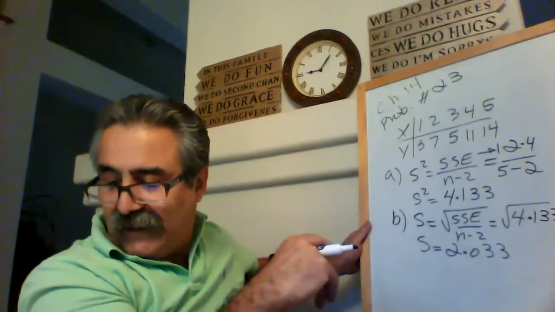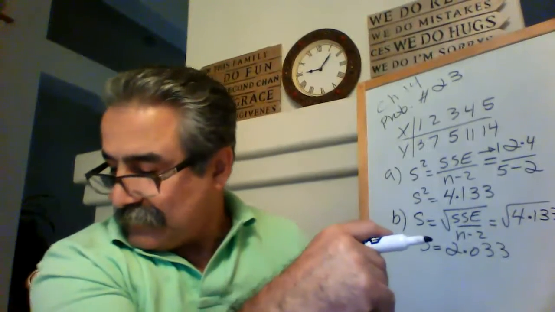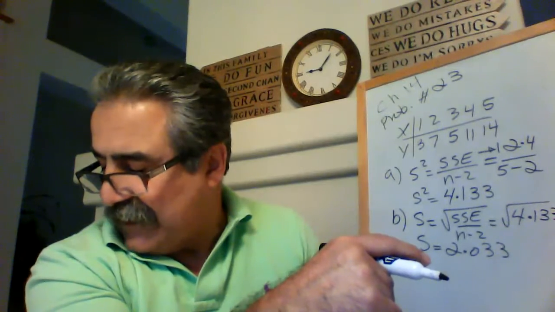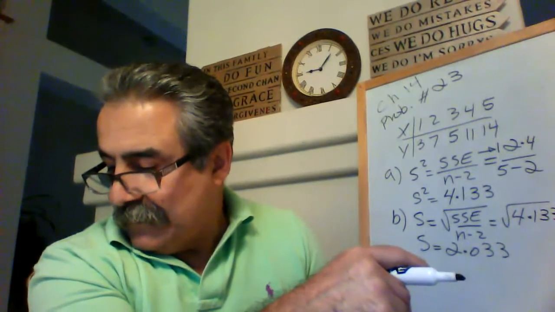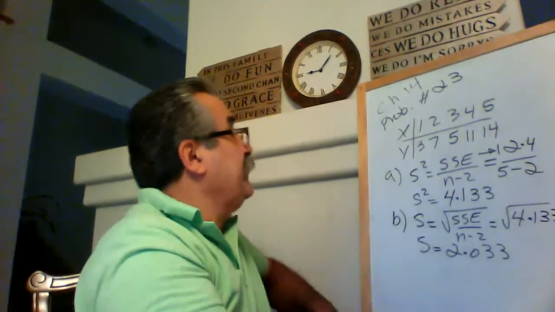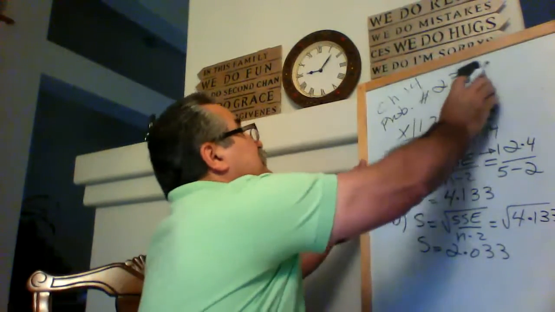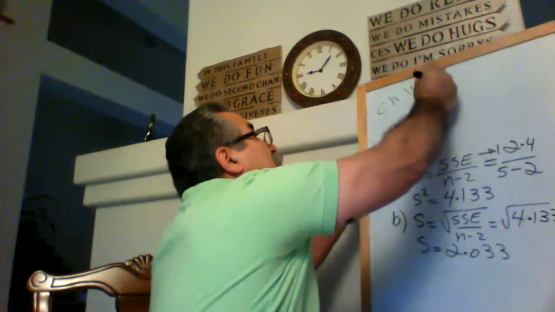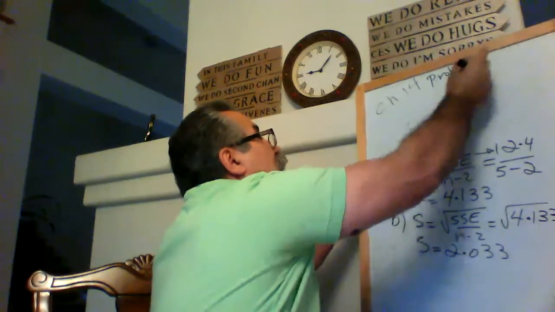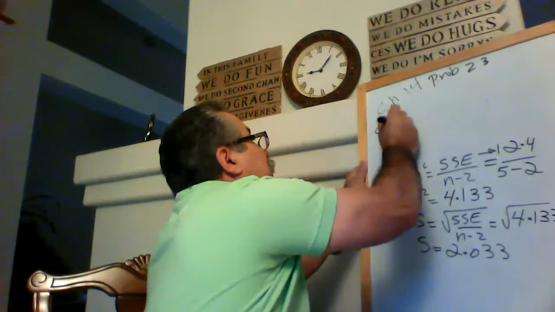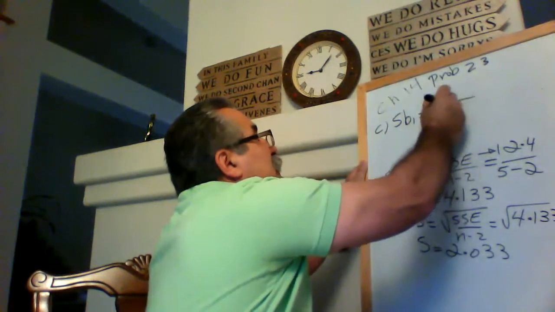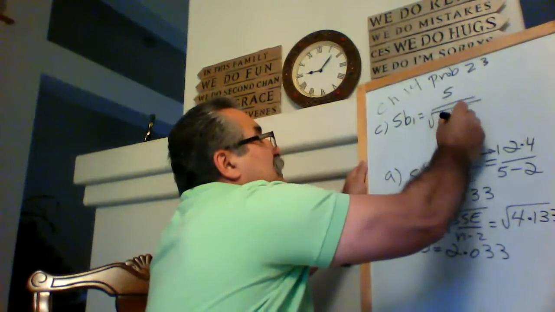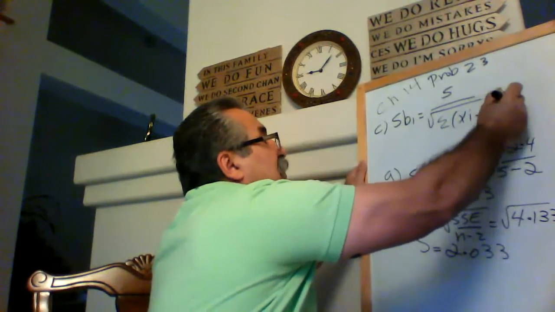For part C, compute the estimated standard deviation of B1. So let's estimate the standard deviation of B1. I'm going to go ahead and erase this. Problem 23, part C: SB1 is equal to S divided by the square root of the sigma of xi minus x bar squared.